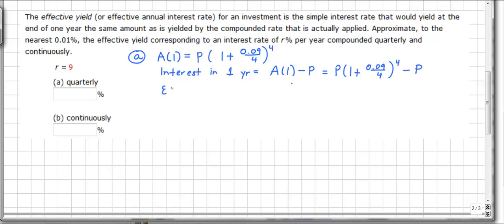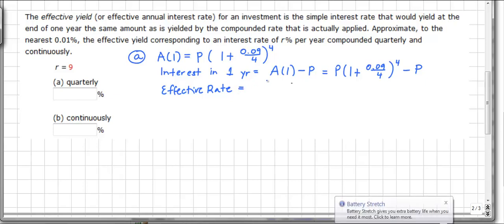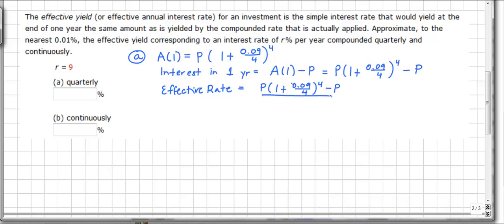The effective rate, more aptly, effective annual rate, effective annual yield, is the interest in 1 year, so our previous calculation, divided by the principal.